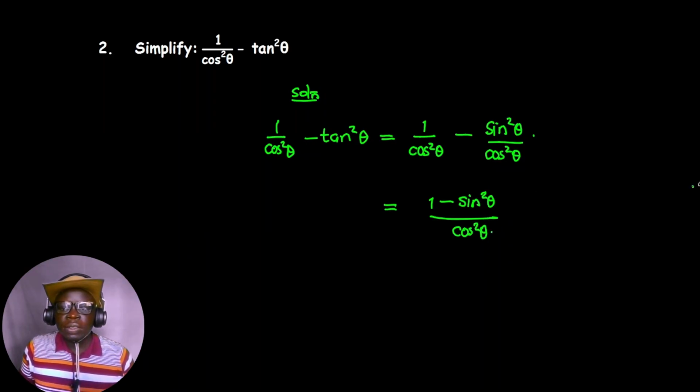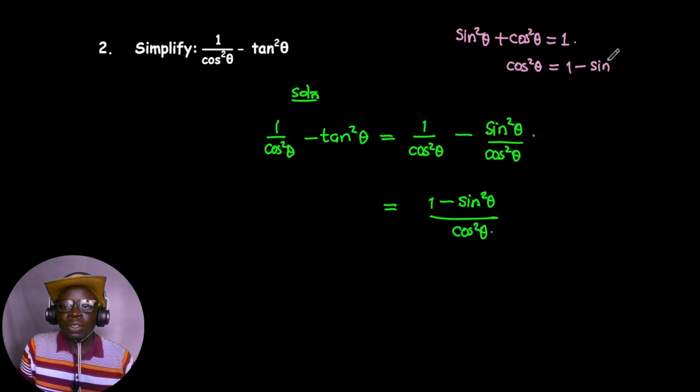But when you look at this from our first trig identity, which was sine square theta plus cos square theta equals 1, we can write this identity in terms of 1 minus sine square theta, meaning we can make cos square theta the subject, and we have cos square theta equals 1 minus sine square theta. And this is exactly the same as what we have here.